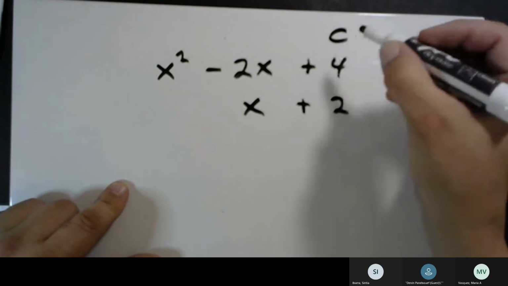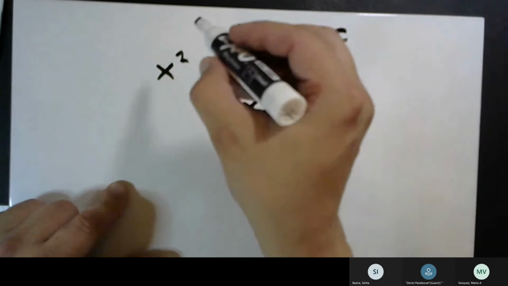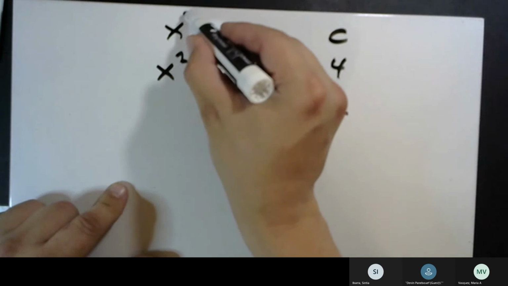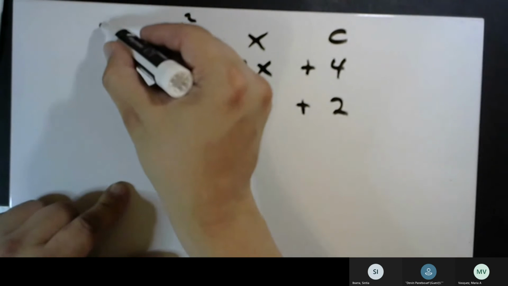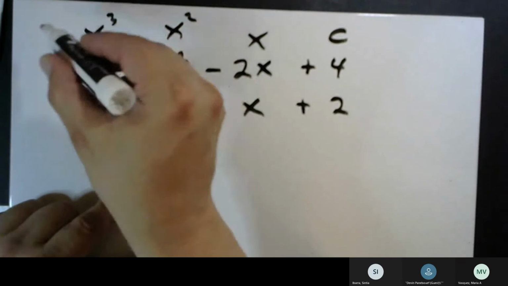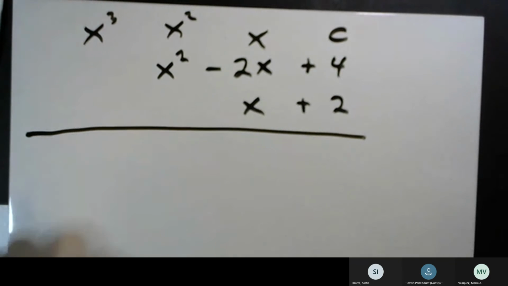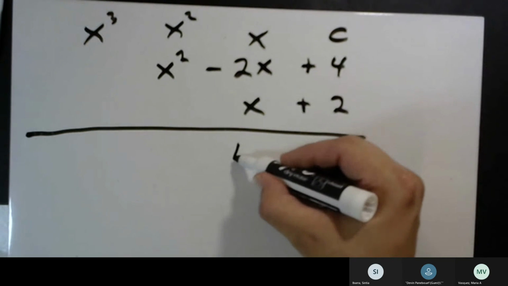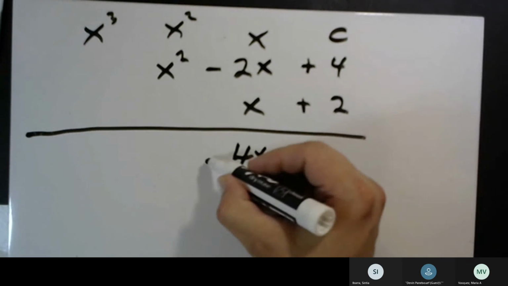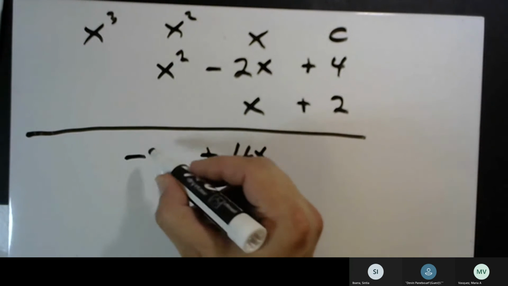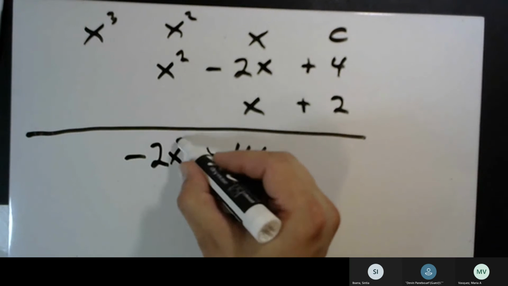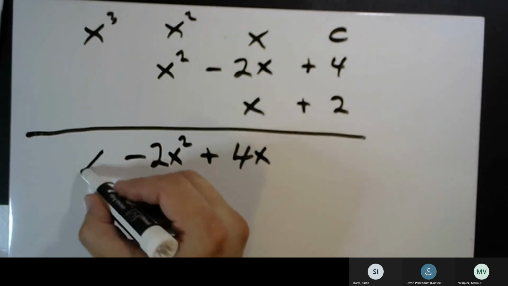This is a constant column, x column, the x squared, and we'll need an x cubed, but we probably won't need an x to the fourth. We could put one out here if we're going to need it. And so what we had was 4x minus 2x squared, x cubed.